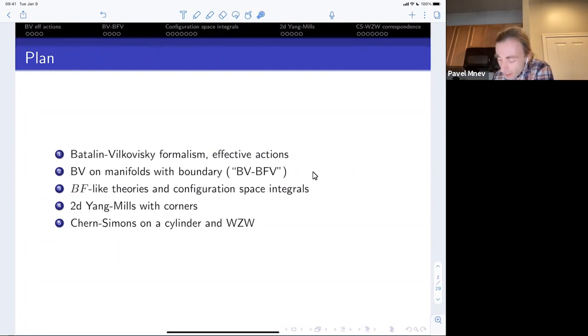And then an example of two-dimensional Yang-Mills with corners and how, using this formalism, you can compute all Feynman diagrams and, using cutting, recover the representation-theoretic formula for the partition function. And finally, I wanted to mention an application to the effective action of Chern-Simons theory on a cylinder and its relation to the Chern-Simons to WZW, Wess-Zumino-Witten correspondence.